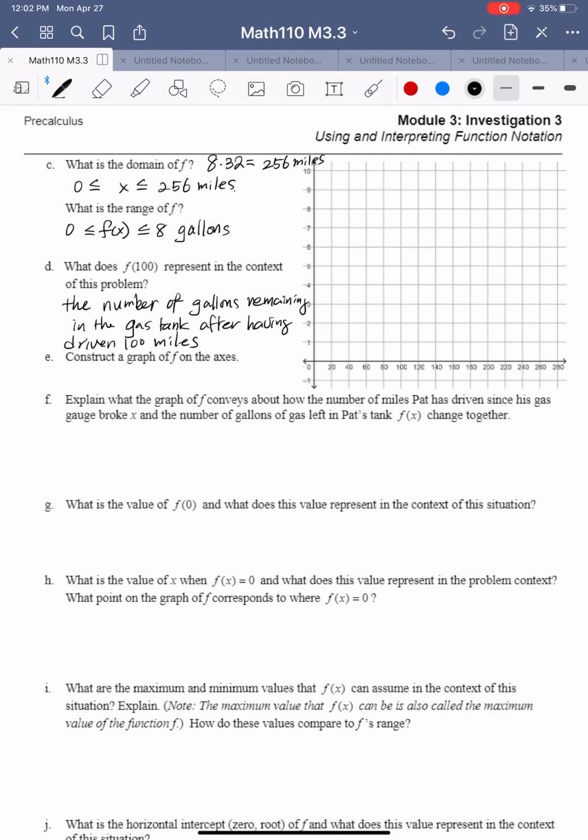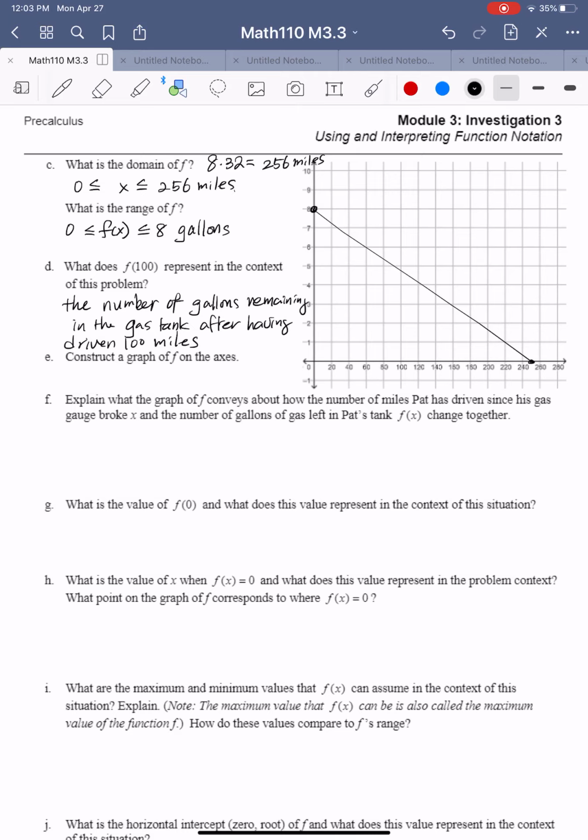And then construct the graph of f. Okay, so at 0 miles there were 8 gallons, and at 256 miles there are 0 gallons left, having driven through the 8 gallons. So this is the line you get through these two points.